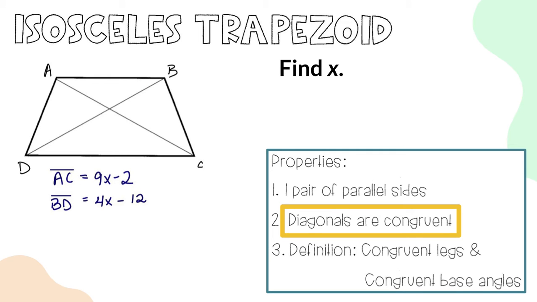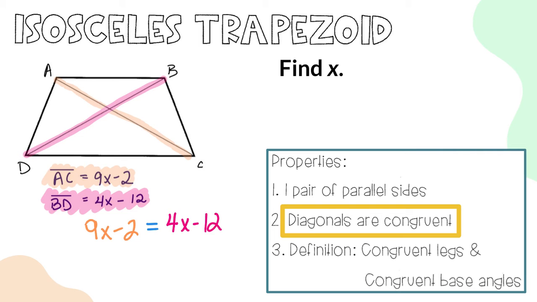For my isosceles trapezoid, I have AC, which is this length here, represented by 9x minus 2. And I have BD, which is this length here, represented by 4x minus 12. And I can then go ahead and set those equal, and I can solve.